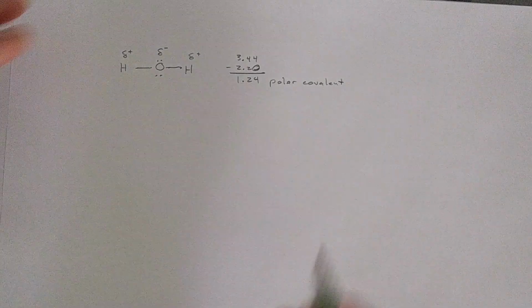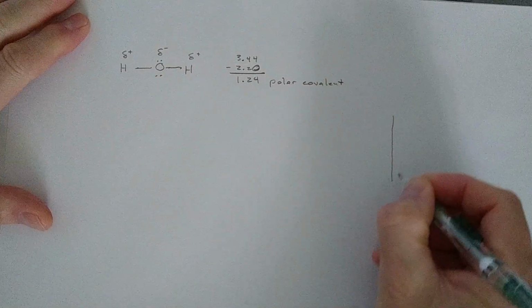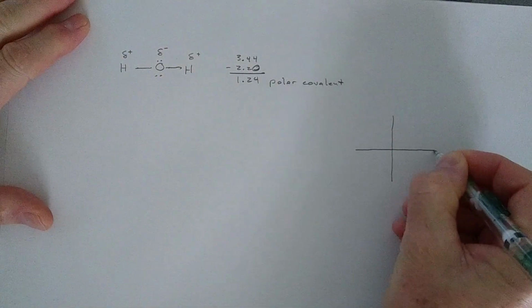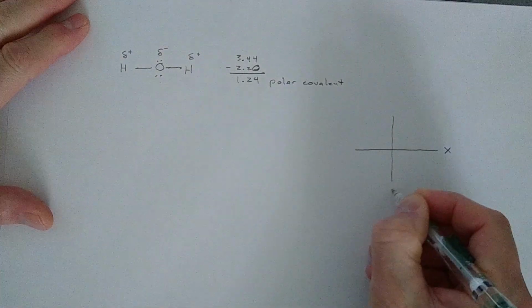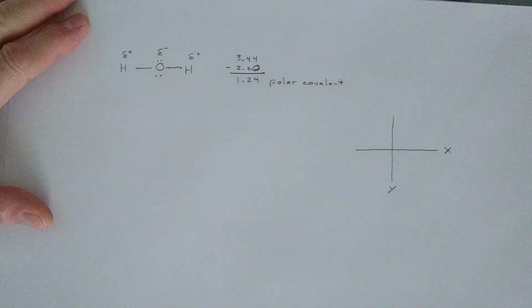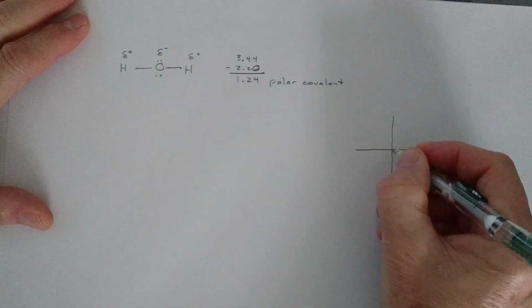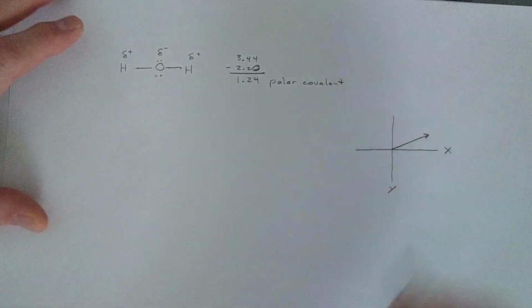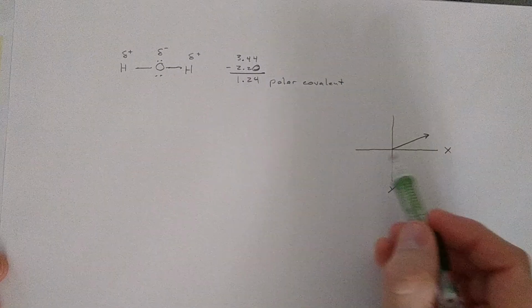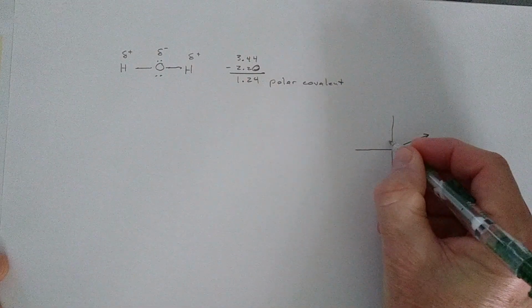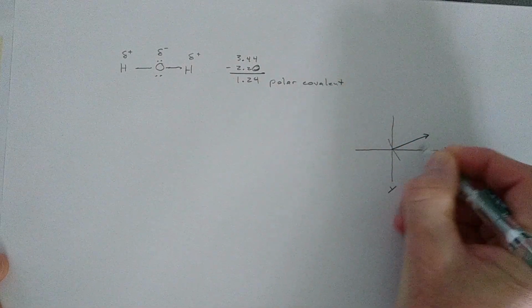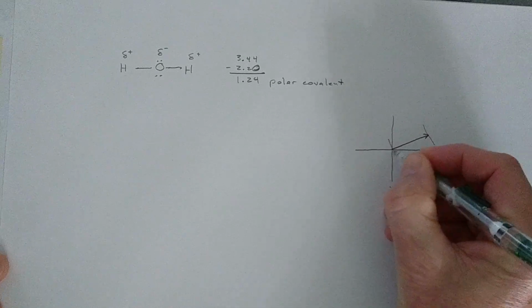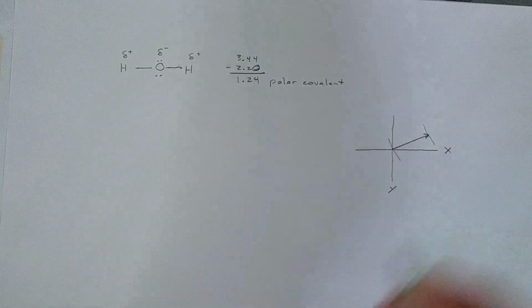A vector in mathematics is something that has magnitude and direction. Let's consider drawing an xy axis. We'll say, here's our x-axis, here's our y-axis. And we'll say, all right, let's go ahead and place a line at the origin and draw the line as such. We look at this and say, well, does this have magnitude? Yes, it does. Going from here to here is the length of this vector.